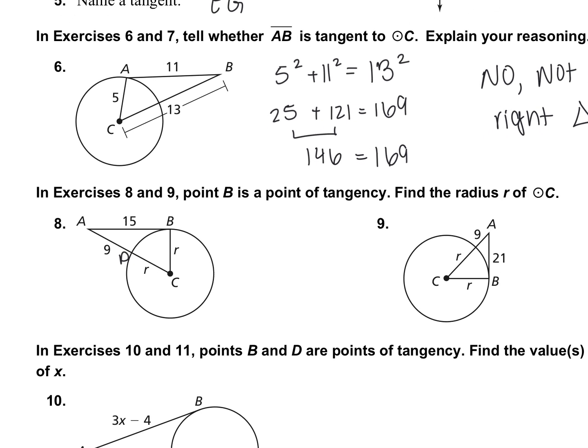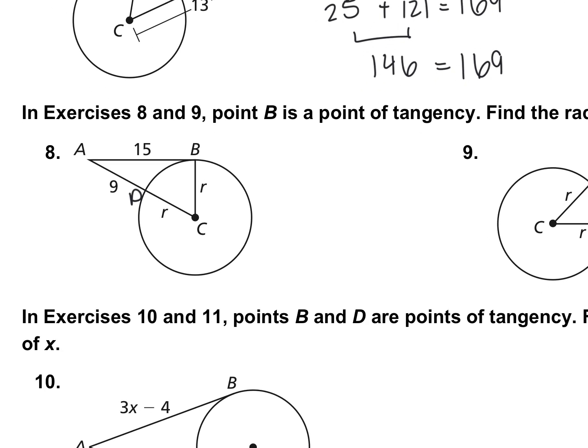So for this question, I am solving this. Still using my Pythagorean theorem, 15 squared plus r squared equals, this is the most important part, you're adding your 9 plus your r and you're squaring it. 15 squared is 225 plus r squared.